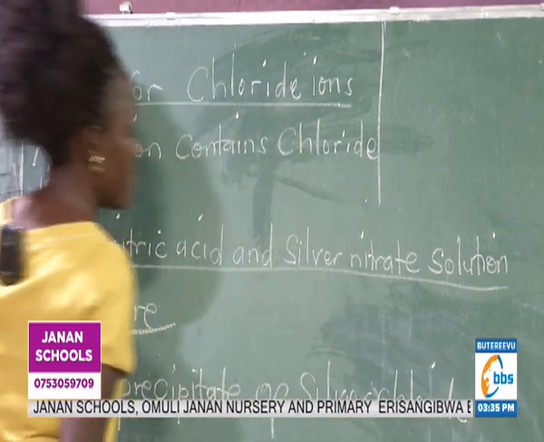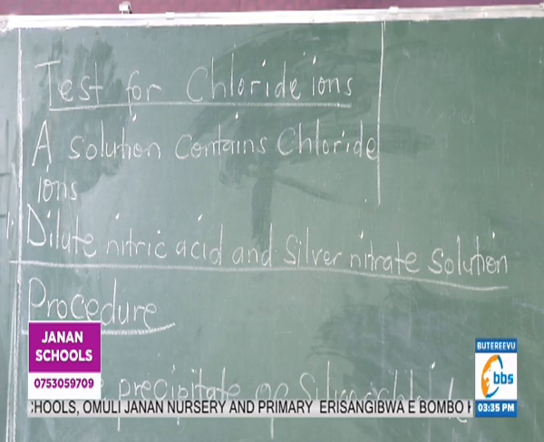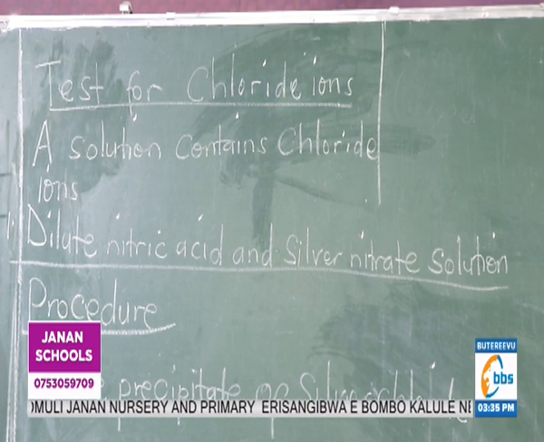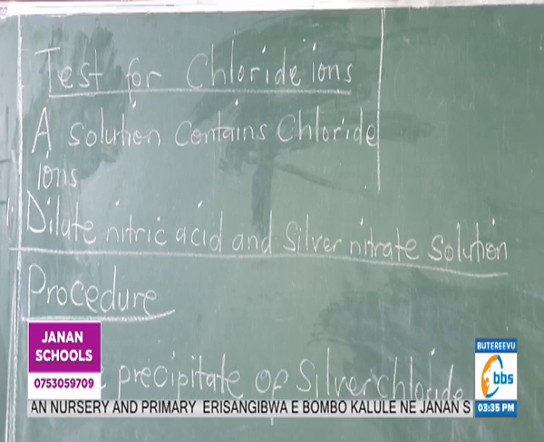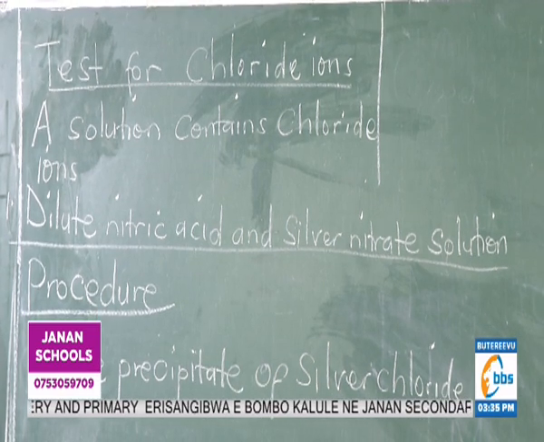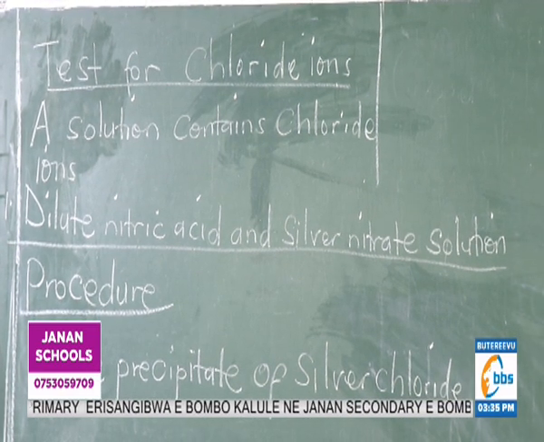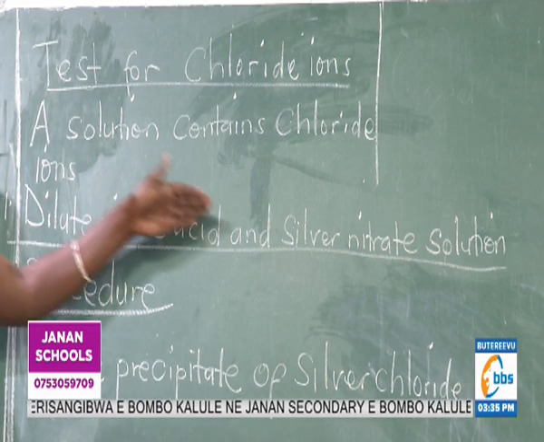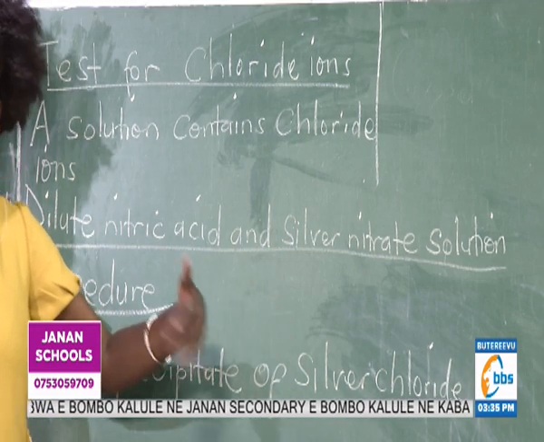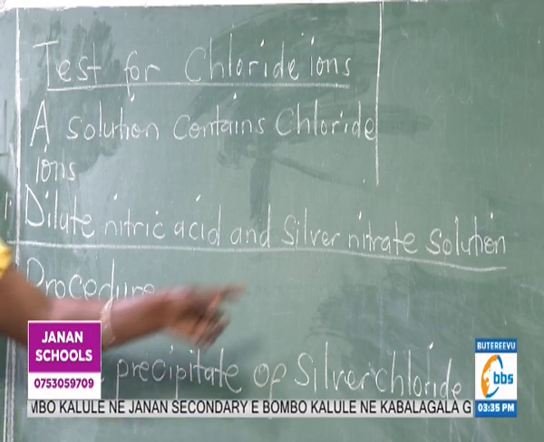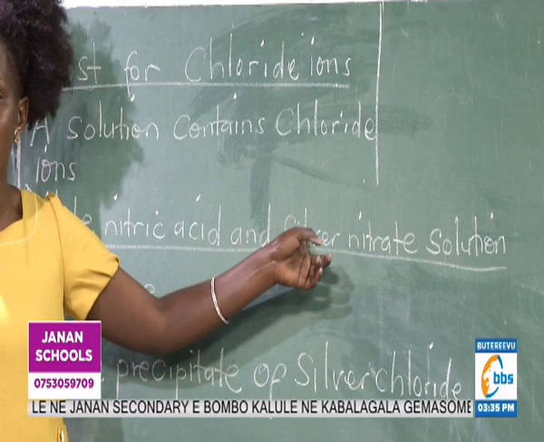Why a white precipitate of silver chloride? Remember, we said at your level that all chlorides are soluble apart from silver chloride and lead 2 chloride. Therefore, from silver nitrate and dilute nitric acid, what are we interested in? We are only interested in the silver ions.